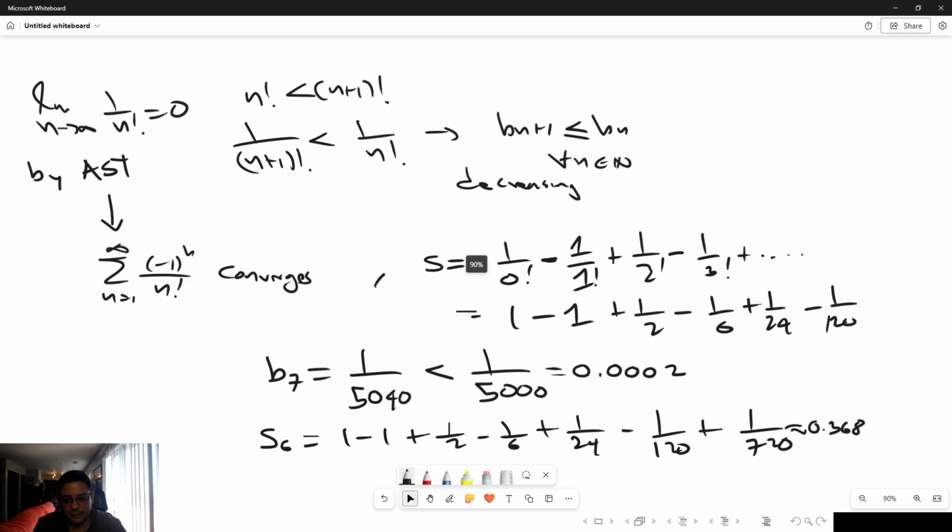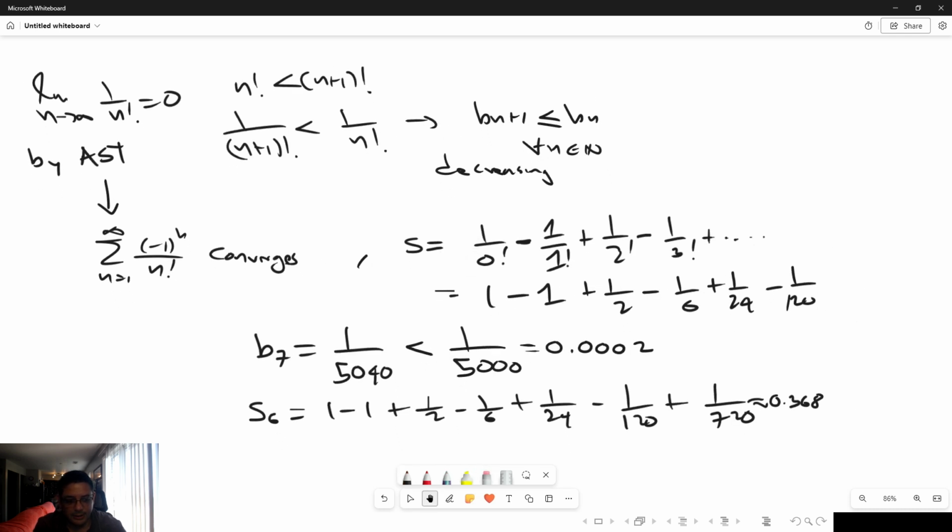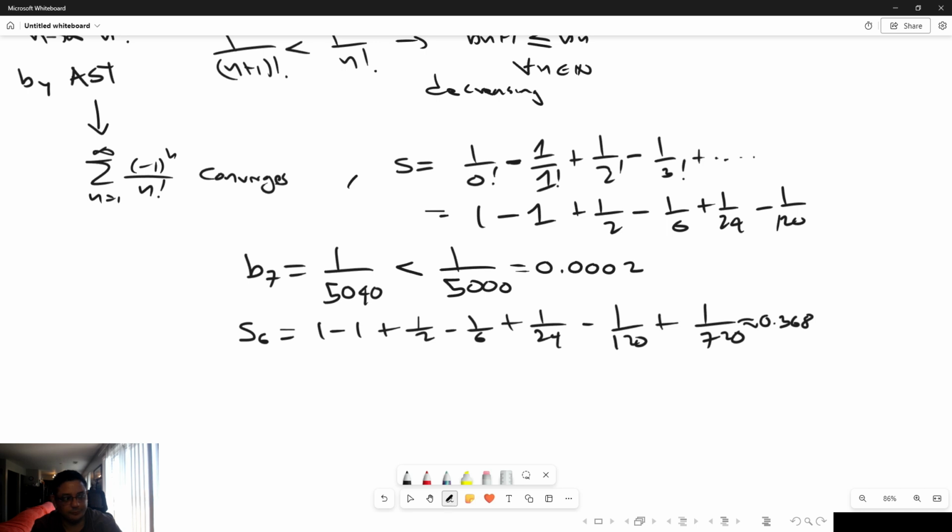So if I consider what the partial sum, let's say, a term like s_6 is going to be, then I'm going to have that the difference is going to be less than b_7. And this at the same time is going to be less than 0.002.